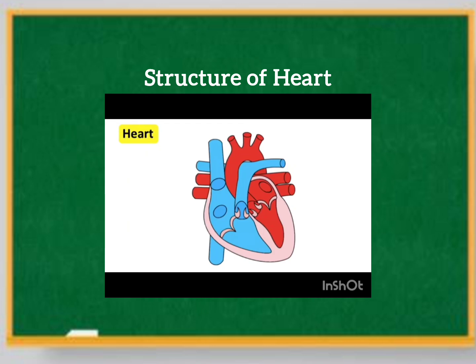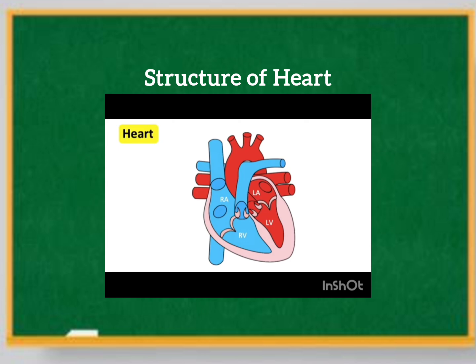The heart has 4 chambers. The small upper chambers are called atria, and the lower chambers are called ventricles. So here: right atrium, left atrium, right ventricle, left ventricle. The heart also has 4 valves.